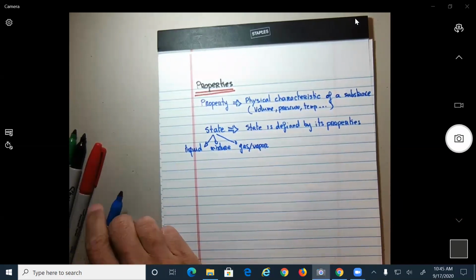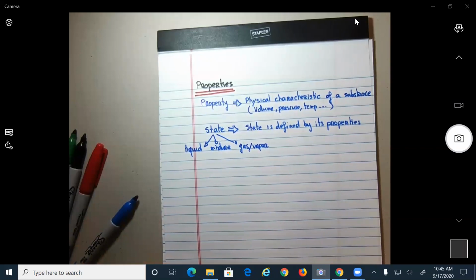Okay, so the easiest example is always to look at the water. All right, so the water is liquid, you put it in a pot, you start heating the water. What's going to happen? The temperature of the water is going to increase. It's going to increase to a point where it's going to start boiling.